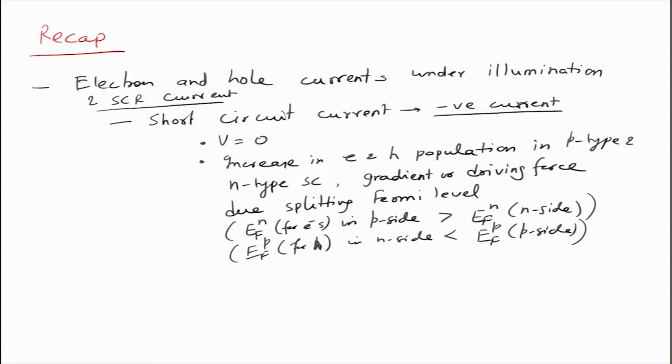This happens because illumination causes a massive increase in the carrier density, especially for minority carriers within p and n side. This leads to a current in the opposite direction, and as you apply bias, ISC is countered by IV.